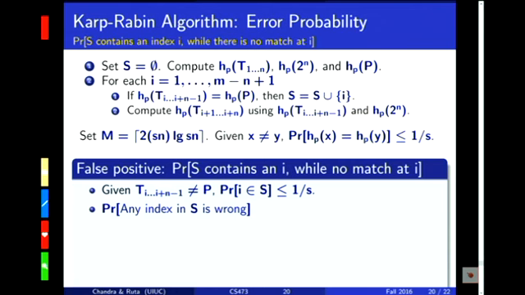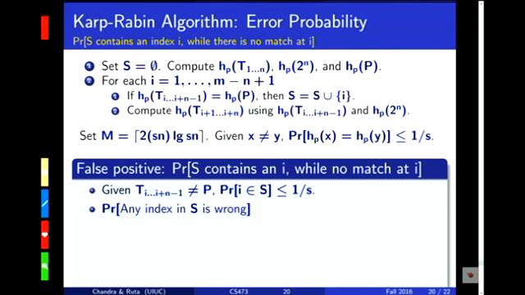So what's not clear? Suppose I tell you that this probability is at most 1 over S. Then what is the probability that any index in S is wrong? Let me rephrase the question. You have lots of indices in S, right?